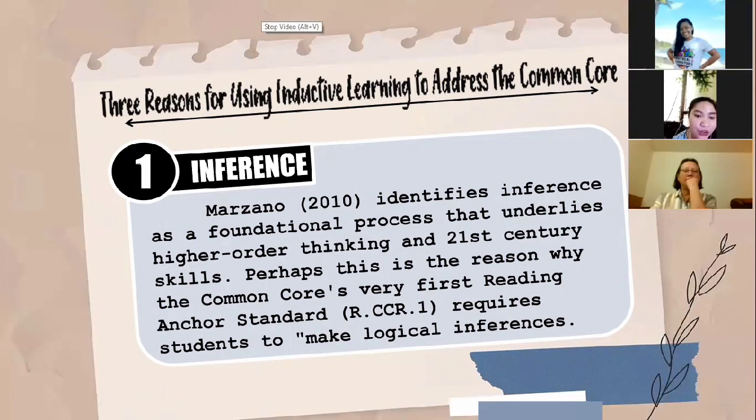Perhaps this is the reason why the Common Core's very first reading standard requires students to make logical inferences. The inductive learning strategy shines a direct light on inference making by emphasizing the sub-processes that go into examining information closely, looking for hidden meanings, and so on.